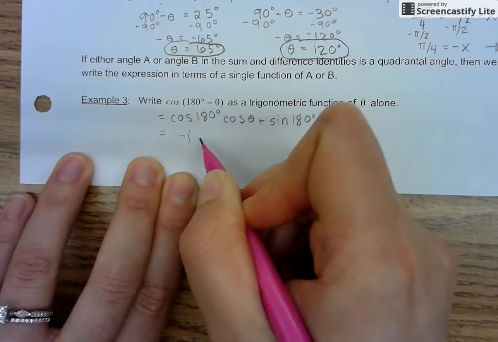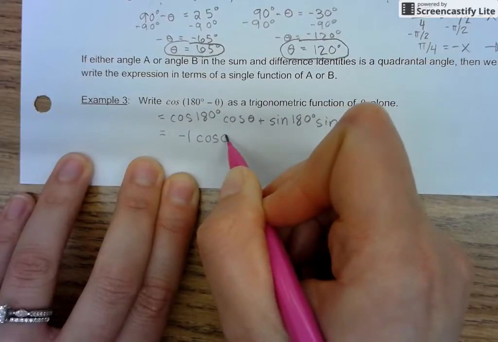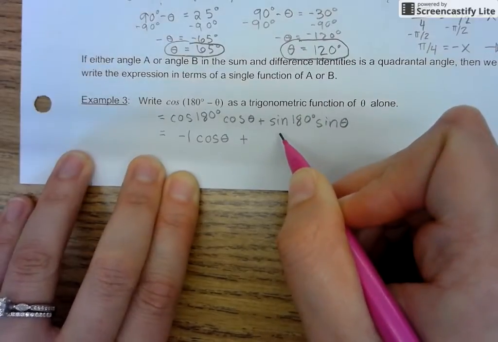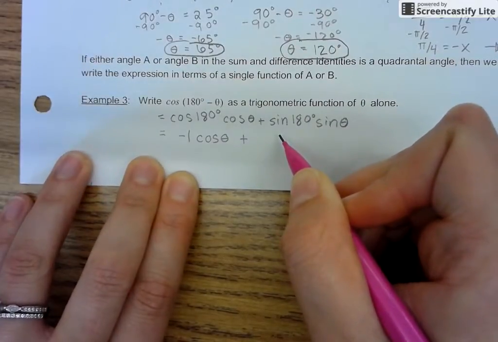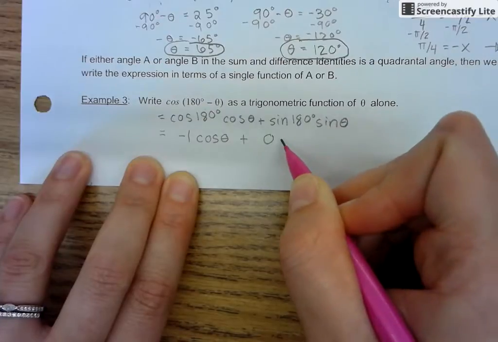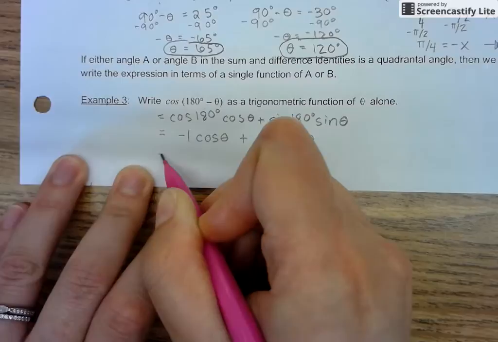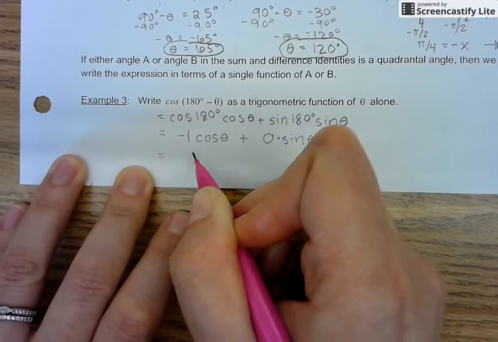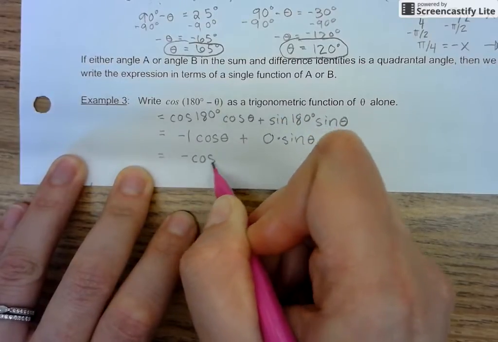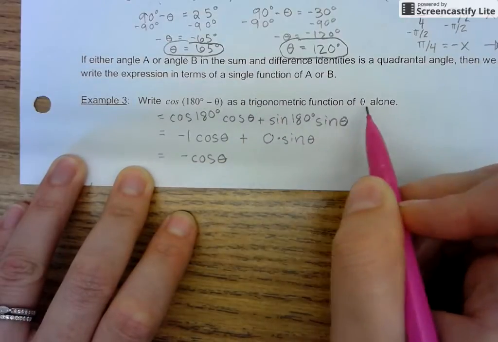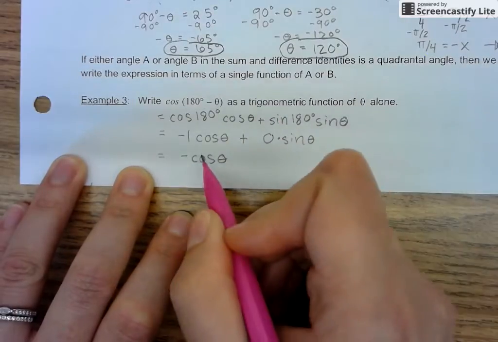The cosine of theta, we don't know that. That's just the cosine of theta. So I have negative 1 cosine of theta plus the sine of 180 degrees is 0. So I have 0 times the sine of theta. Well, 0 times anything is 0. So really, this is just negative 1 times the cosine of theta, or negative cosine of theta. So you'll see that now this is just a trig function of theta alone. That's all this is.